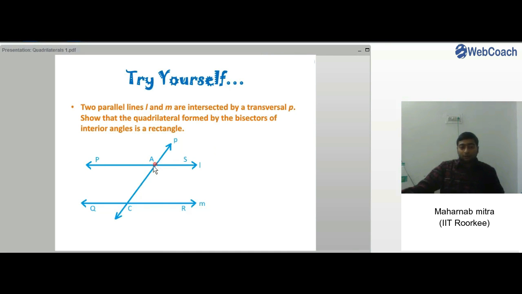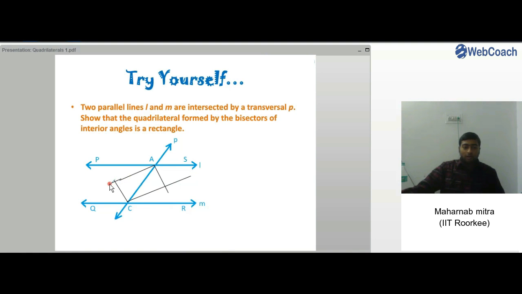Angle bisector of this angle will be approximately like this. The angle bisector of the other, adjacent angle will look like this, right? It is an approximate figure, and the angle bisector of this bigger angle will look like this, and the angle bisector of the smaller angle will be like this, right?